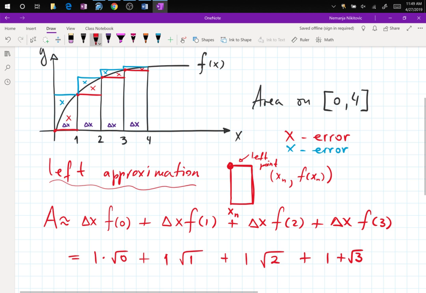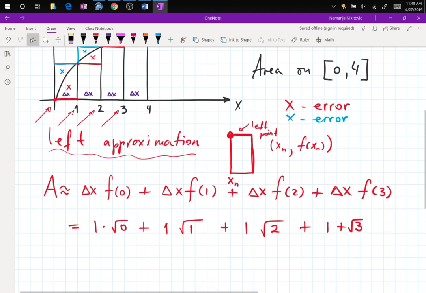So those are the left sides of each rectangle, and the left sides are going to fall on these numbers because they have a rectangle to their right. So what I have is 0 plus 1 plus root 2 plus root 3. Since we are approximating, this is 1 plus 1.4 plus 1.7 to give us 4.1.